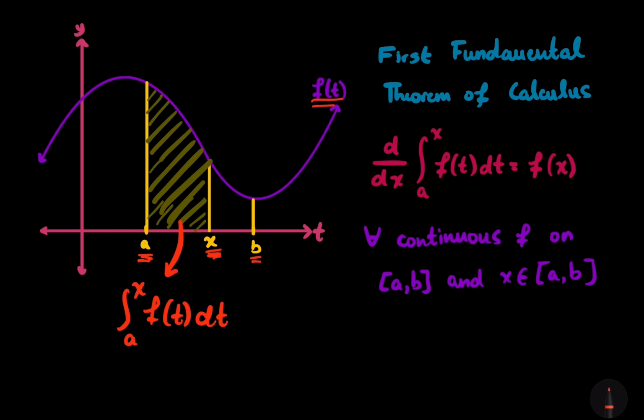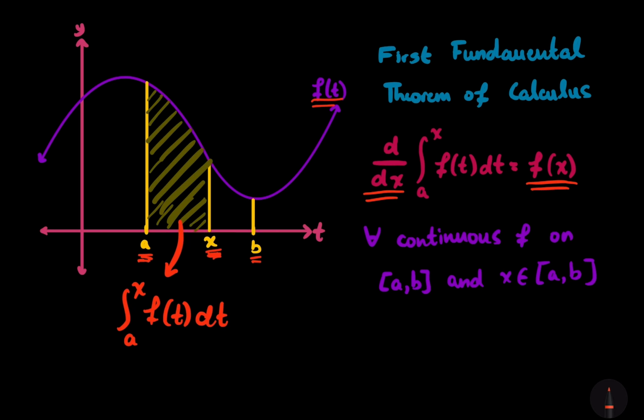And so the first fundamental theorem of calculus tells us that the derivative with respect to x of the definite integral from a to x of f of t dt is just going to be equal to f of x. So suppose that we define this area under the curve as a function, right? Because x could vary.